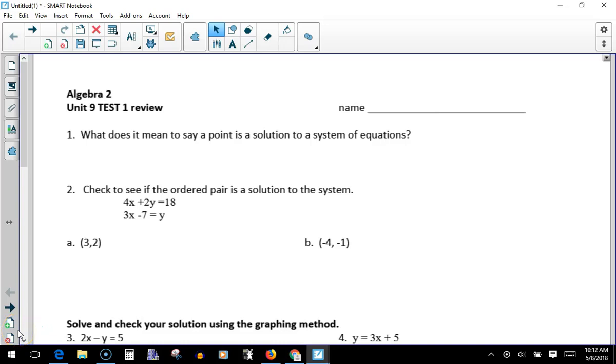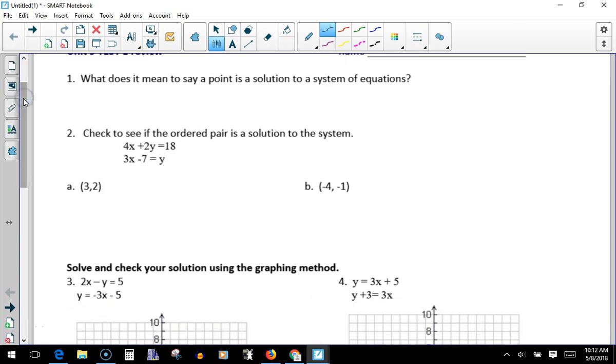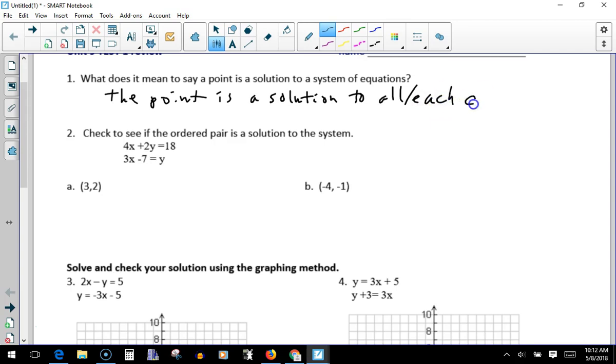Okay, review for the final test of the year, except for the exam. So what does it mean to say a point is a solution of a system of equations? It means the point is a solution to all or each equation.